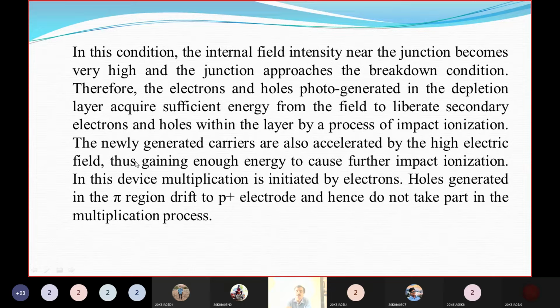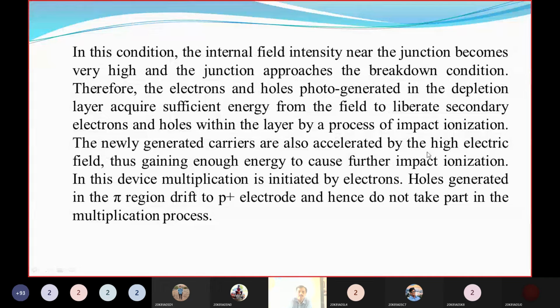Because of the high energy of the photoelectron, it interacts with the surrounding electrons and those electrons are released. Those newly generated carriers are also accelerated by the high electric field, and thus gain enough energy to cause further impact ionization.